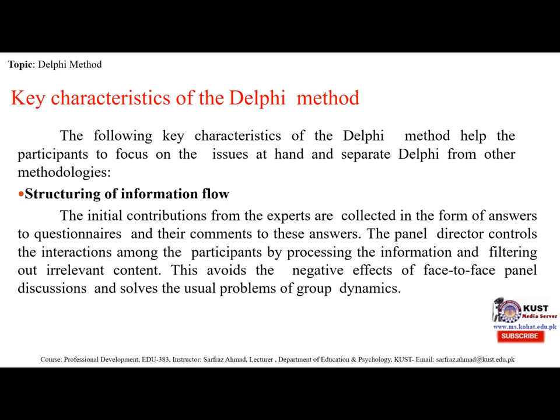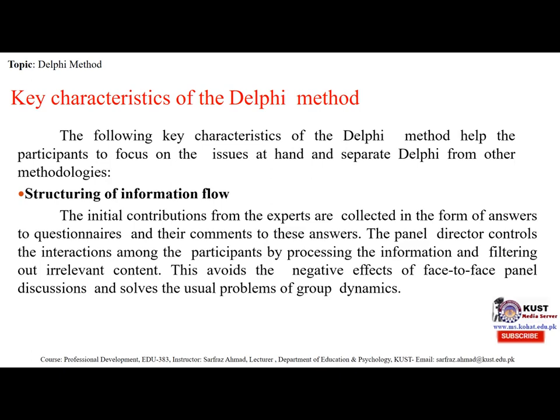Delphi has been widely used for business forecasting and has certain advantages over other structured forecasting approaches. Delphi is based on the principle that forecasts from a structured group of individuals are more accurate than those from unstructured groups.